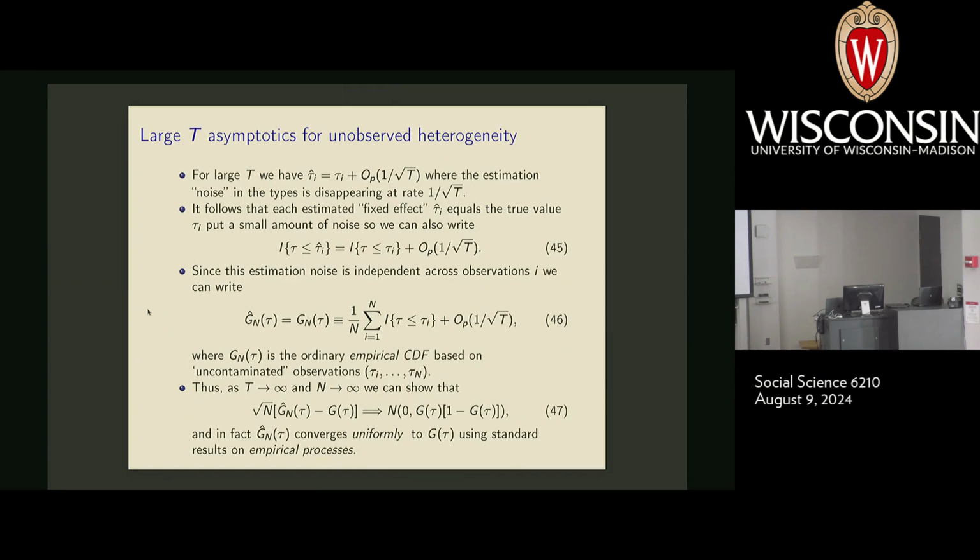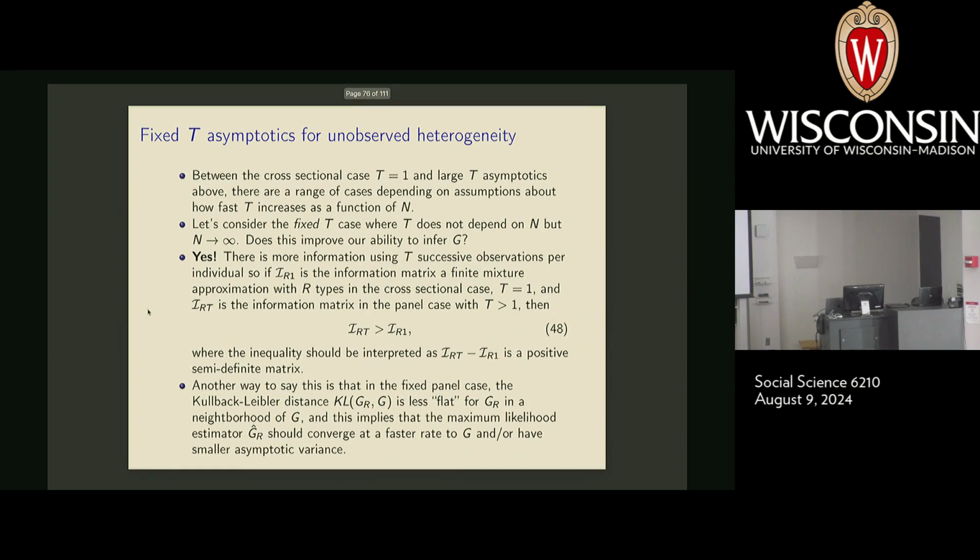Now, let's talk about the case in the middle where we have a fixed T. Cross-section is T equals 1, but let's suppose T is not going to infinity, but it's bigger than 1. What you can show is that the information matrix, when you have more time periods, is bigger than when you only have one period per person. That's kind of obvious. That means the standard errors are going to be smaller, because you're inverting the information matrix.